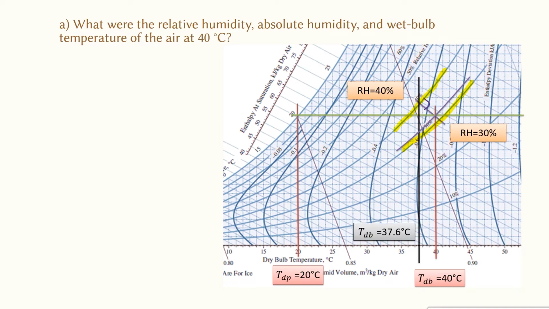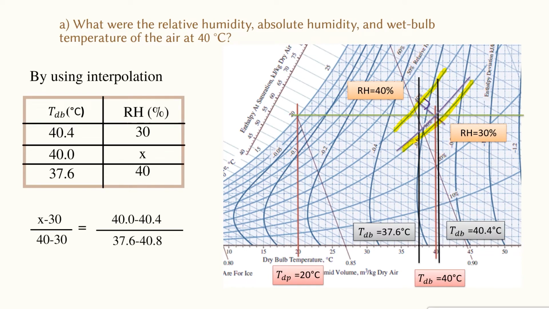So we have a dry bulb temperature of 37.6 degrees Celsius and another of 40.4 degrees Celsius. By using interpolation, we can find the relative humidity, which is 31.25%.